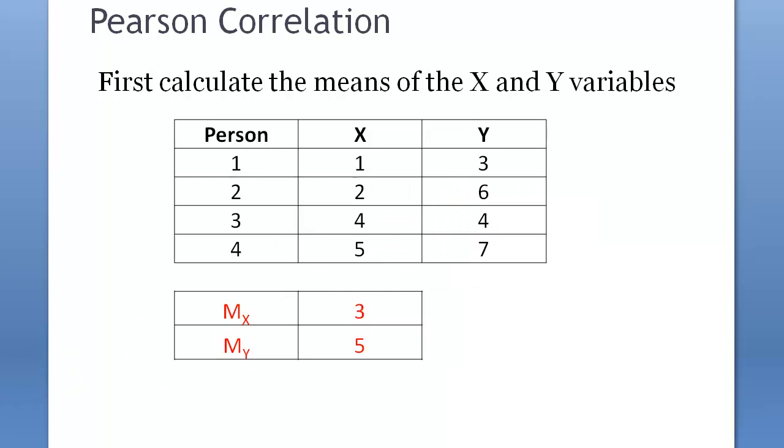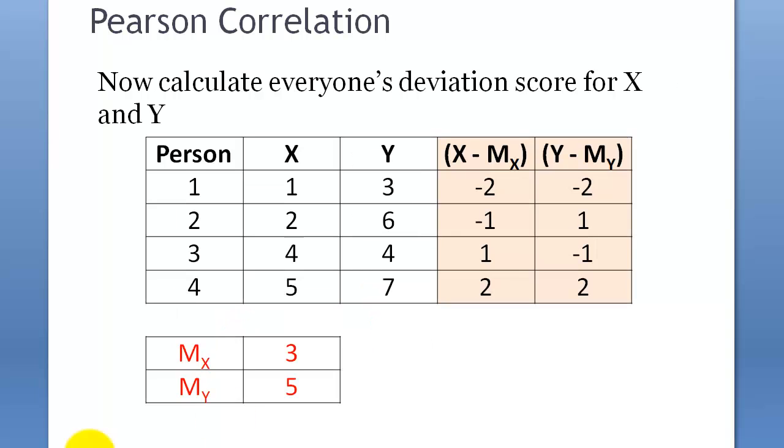In other words, the mean of the x values is 3, and the mean of all the y values is 5. So x minus the mean of x's, and y minus the mean of y's.